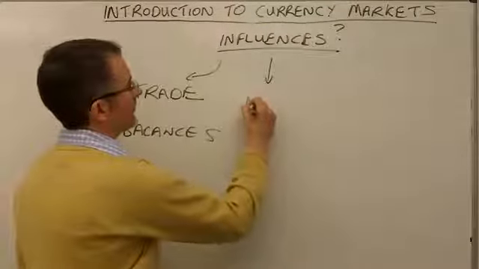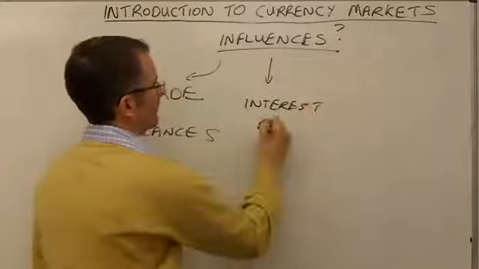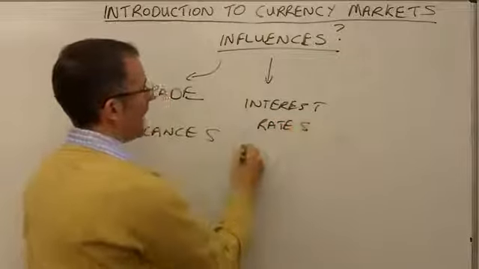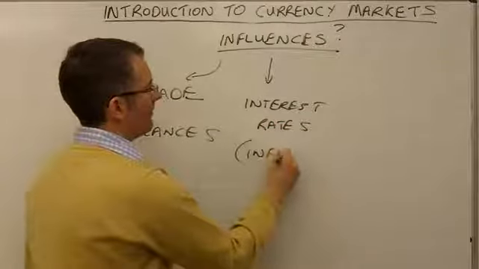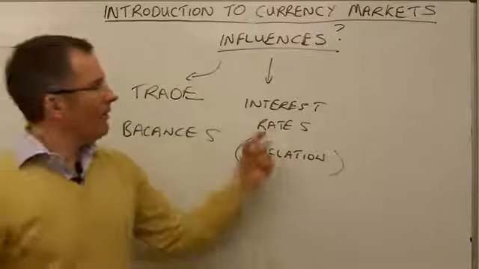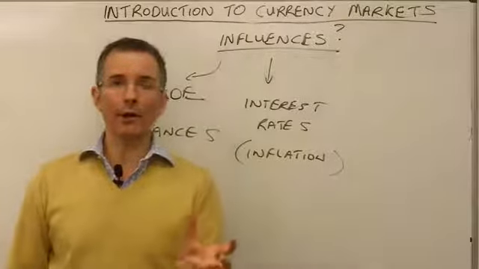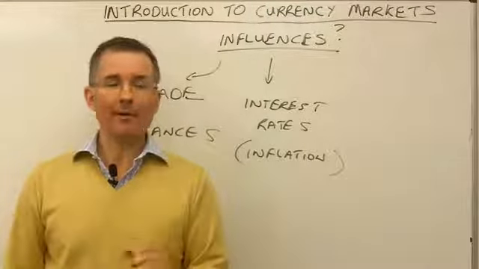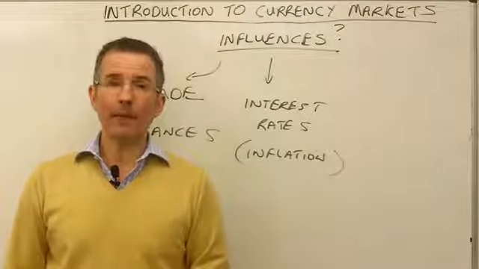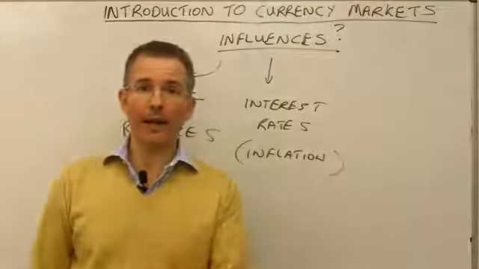Number two, interest rates. And you might say, linked to that, inflation data. Basically, the price of a currency is dictated heavily by what you can earn if you own it. So, if US interest rates are high, people will tend to think, great, I want some dollars because I can earn a good return on dollars right now.